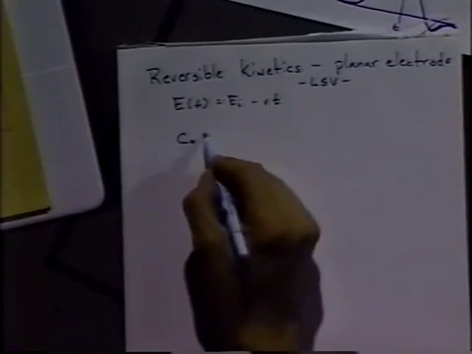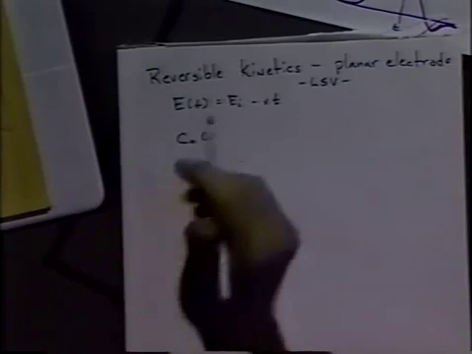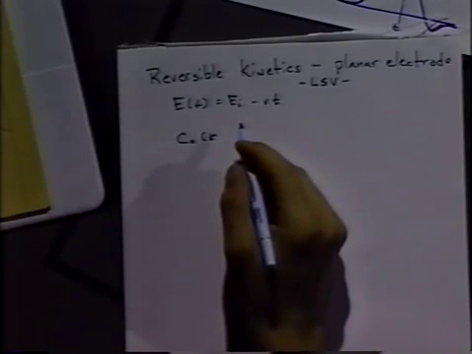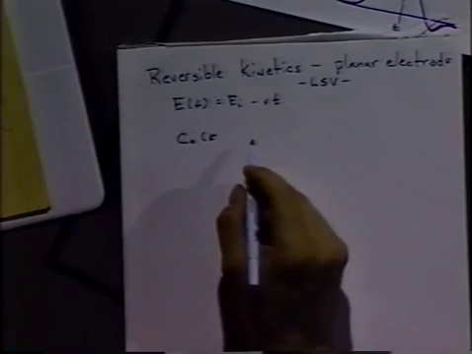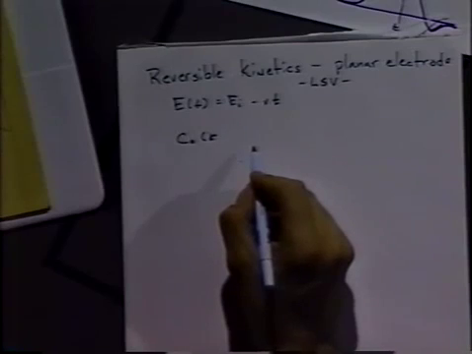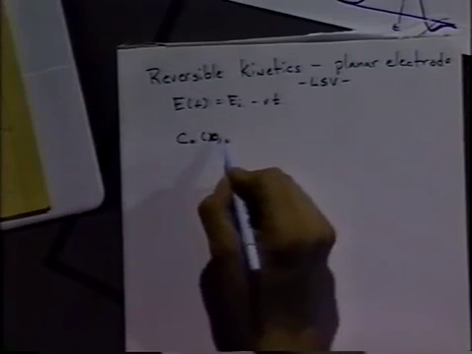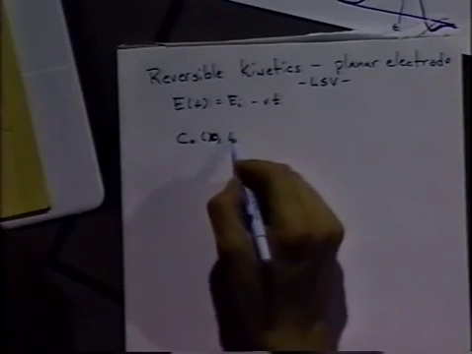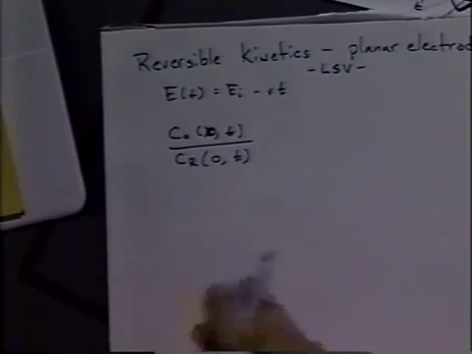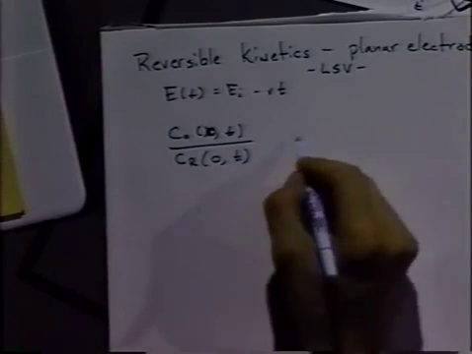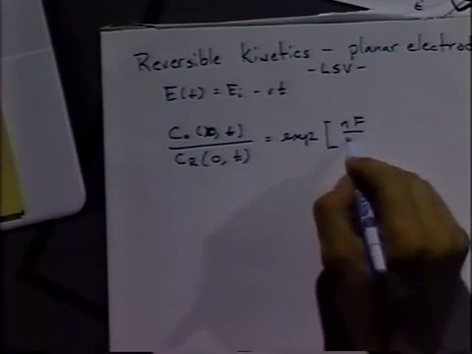So all we have to do then to get the concentration of O and concentration of R at the electrode interface is use the Nernst equation result.